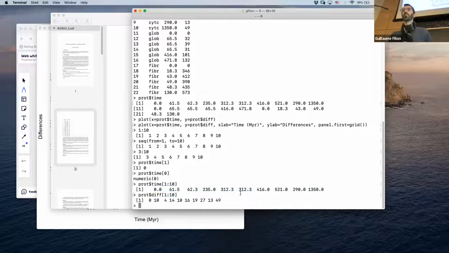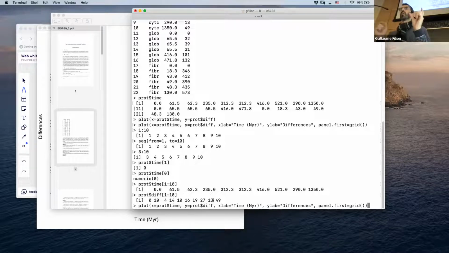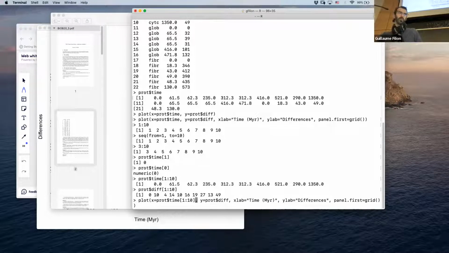We just need to modify the plot function. And instead of passing time and diff as a whole, we just pass the first 10 items of time and the first 10 items of diff. And that will give us what we want. Okay, so one way to answer the question is this one here.